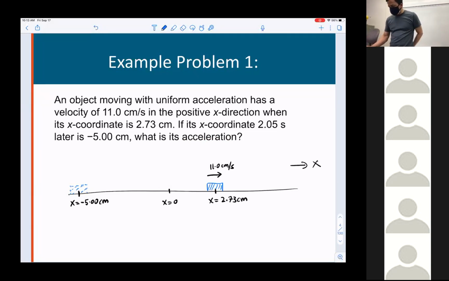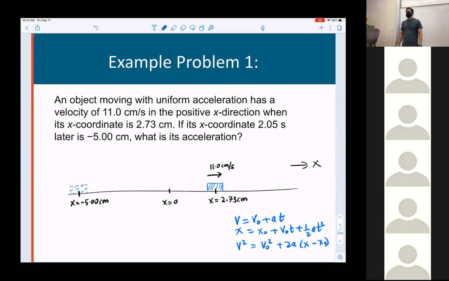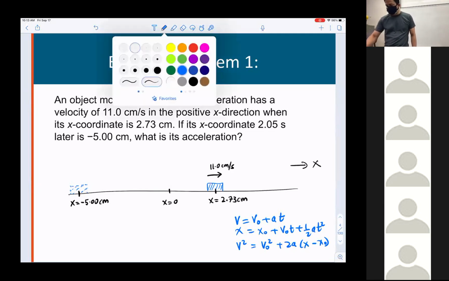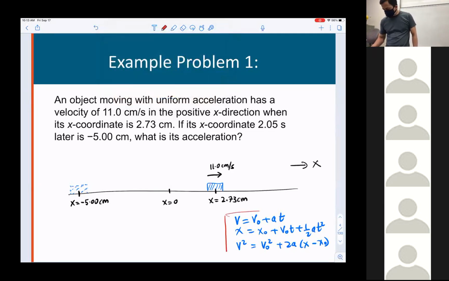So our master equations are v equals v naught plus at, x equals x naught plus v naught t plus 1/2 at squared, and v squared equals v naught squared plus 2a times x minus x naught. Those are the equations that we will look at. The truth lies somewhere in these equations, and we need to extract it.